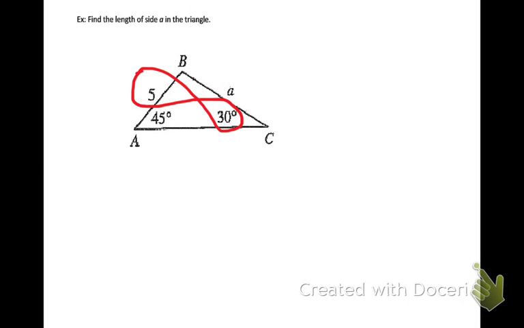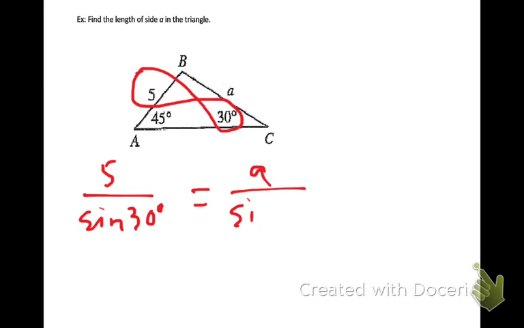So I'd set it up, and we would have the side 5 over the sine of 30 degrees is equal to the other side, a, over the sine of 45 degrees. Right?